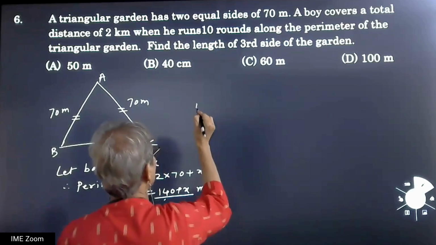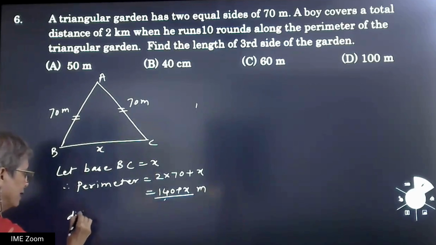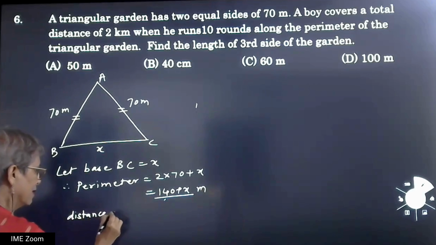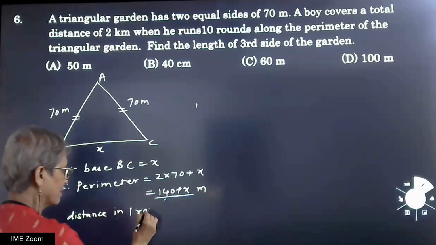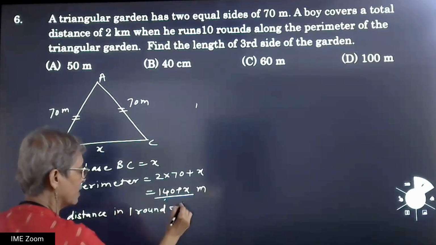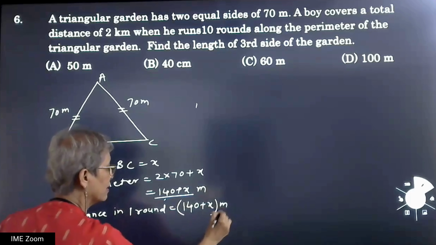But he is running 10 rounds, right? So distance in one round is 140 plus x meters.